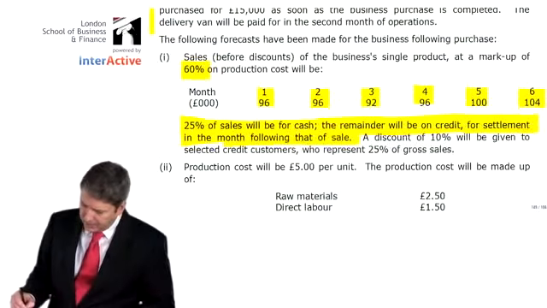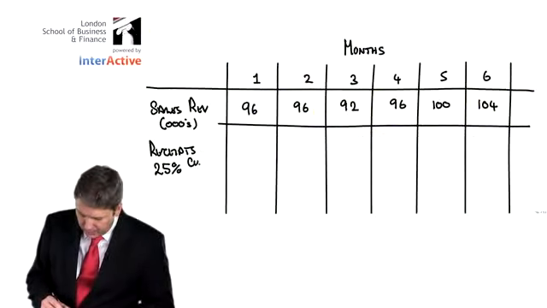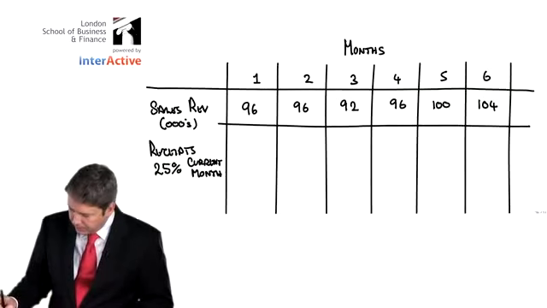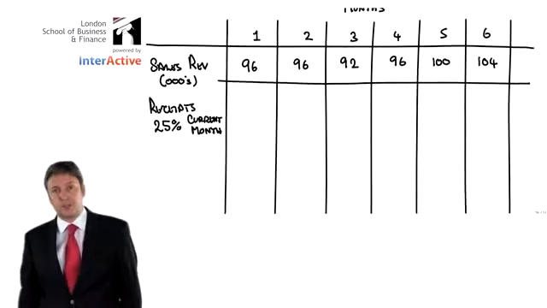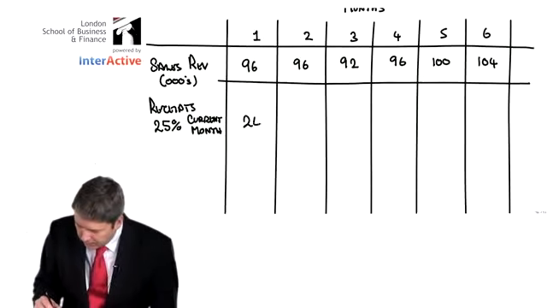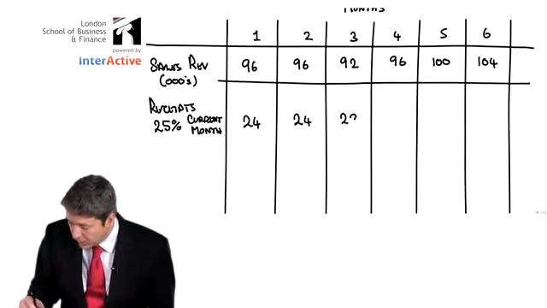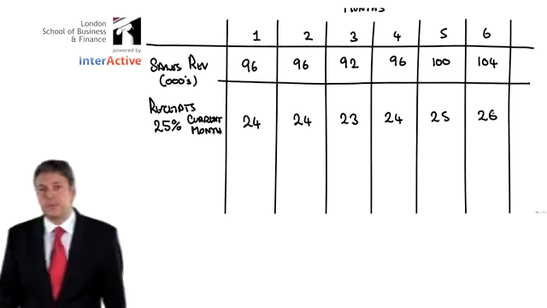So couldn't we simply say something like this? 25% of the receipts will be in the current month. If they're cash sales, the sales revenue will correspond with the cash received. 25% of 96 is 24. 96 is 24. 92 is 23. 96 is 24. 25 and 26.